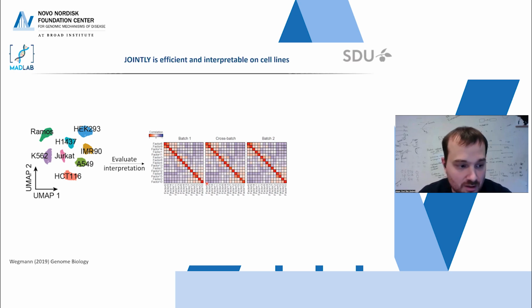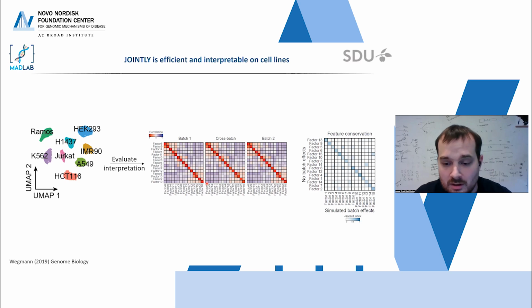One thing we had available to us in this data set is that we also had the data available without batch effects. So we actually also ran jointly on the same data set without batch effects, and then compared the interpretable modules that we found. And we can see here along the x-axis we have the factors in the data set with batch effects, and on the y-axis we have another set of factors derived from an analysis without batch effects.